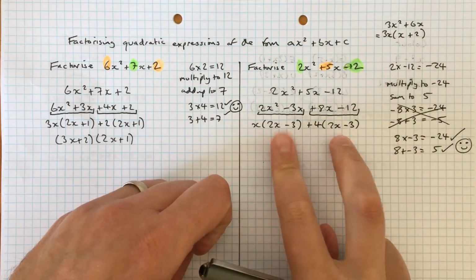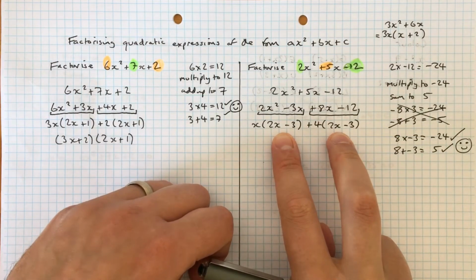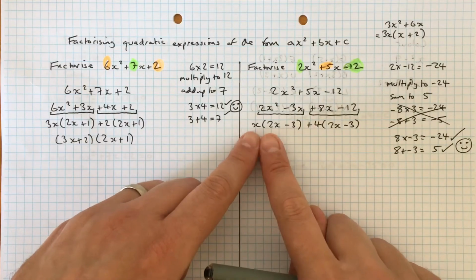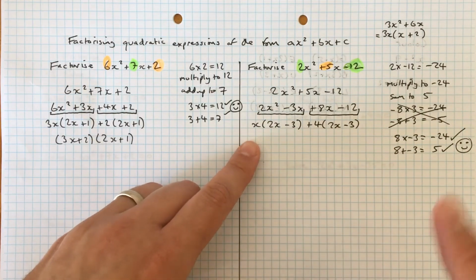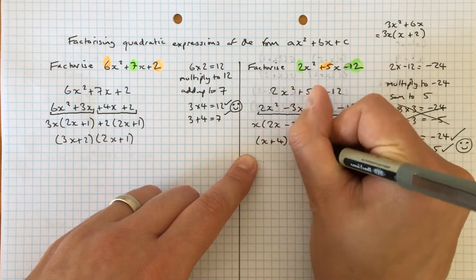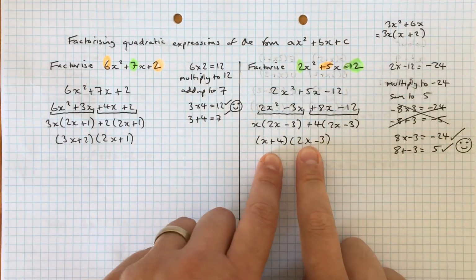So again, I've got the same thing in both my brackets, which is giving me a strong indication that I'm on the right tracks. So I've got x lots of 2x minus 3 here, 4 lots of 2x minus 3 here, so altogether I've got x plus 4 lots of 2x minus 3, and this is my factorised form.